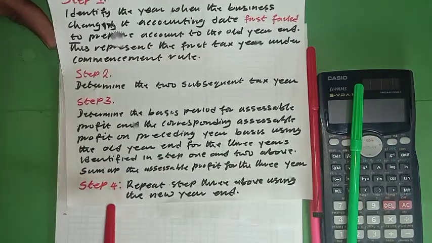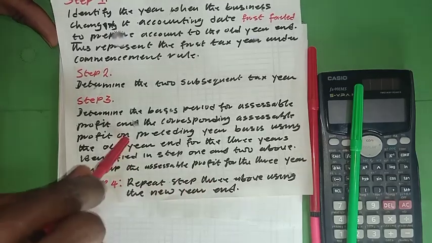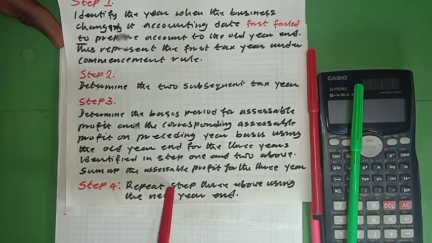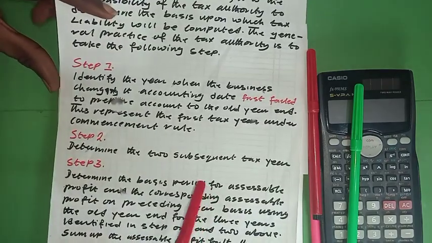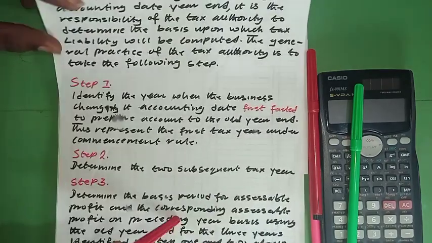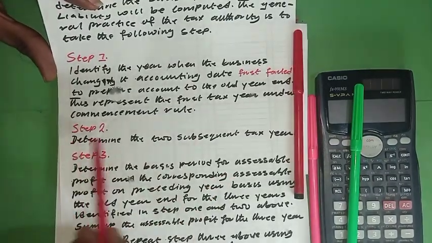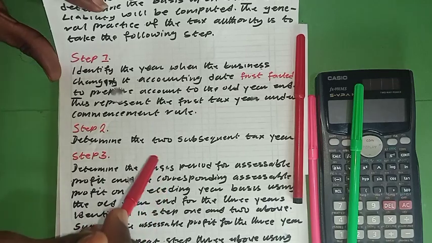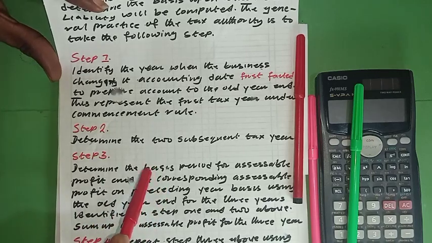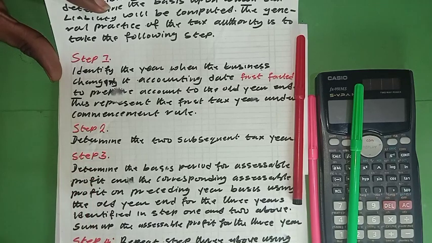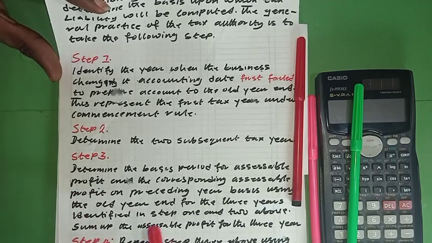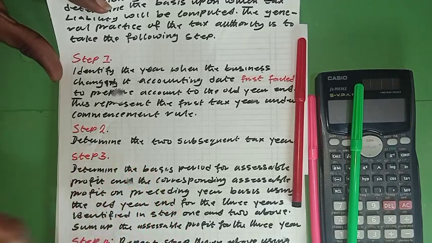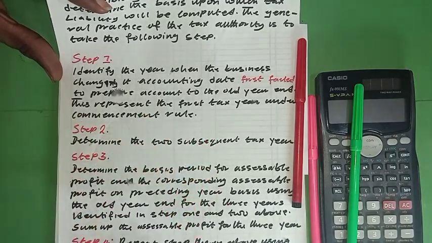Step four: repeat the third step using the new year end. After you have discovered the year of change, you compute using the old date and sum. Then you compute again using the new date and sum. Whichever is higher is the one you assess the profit on.